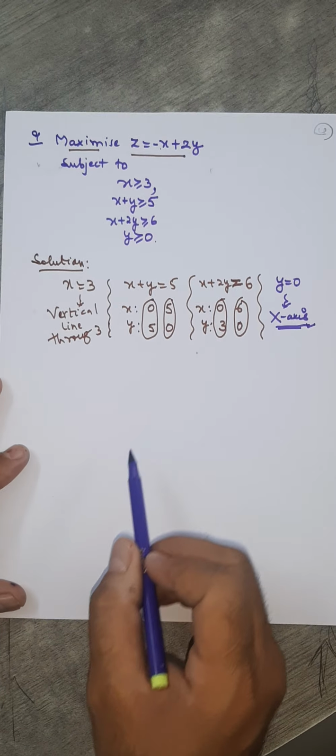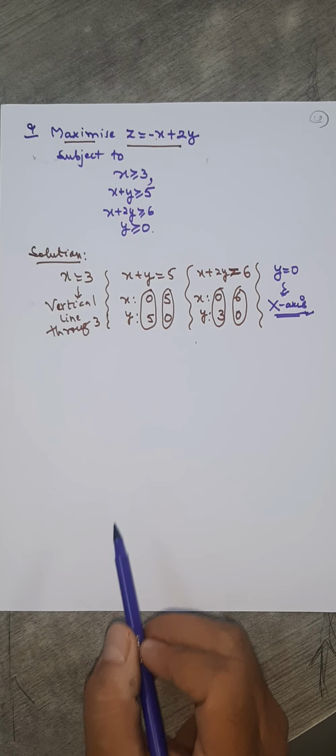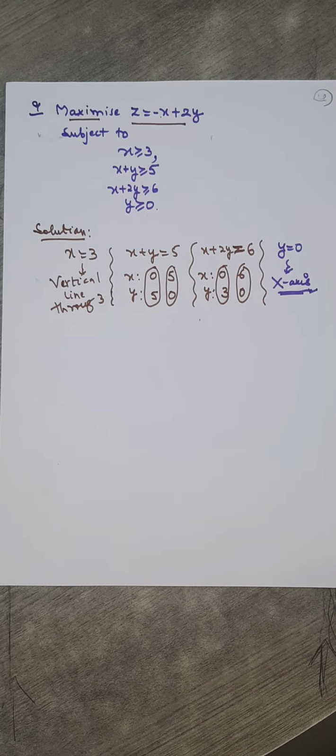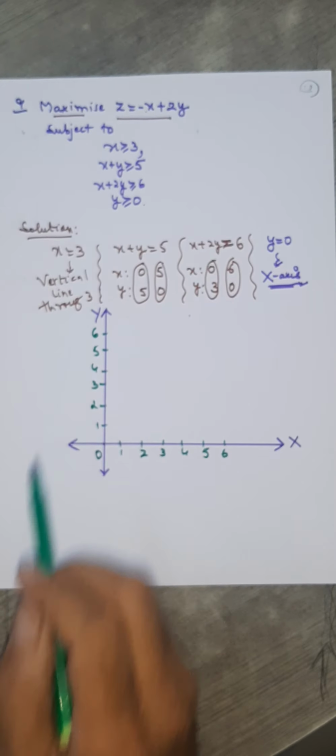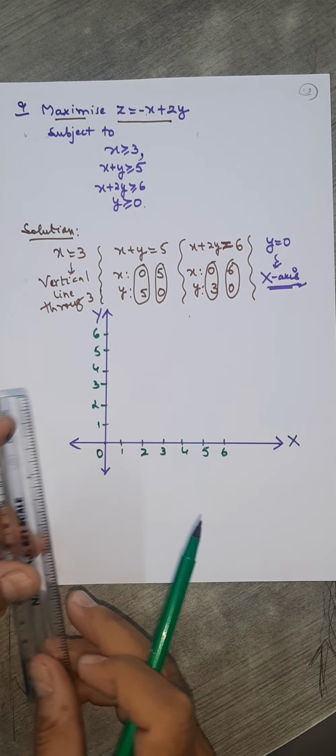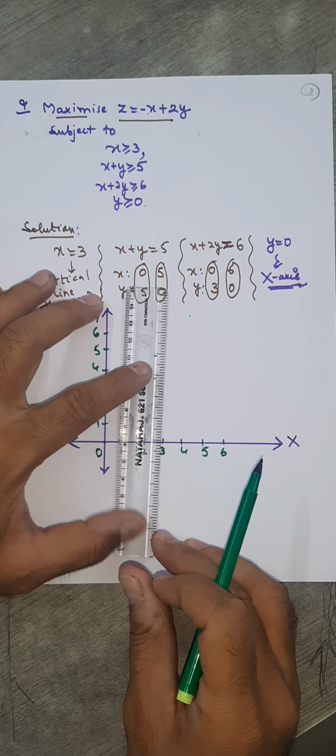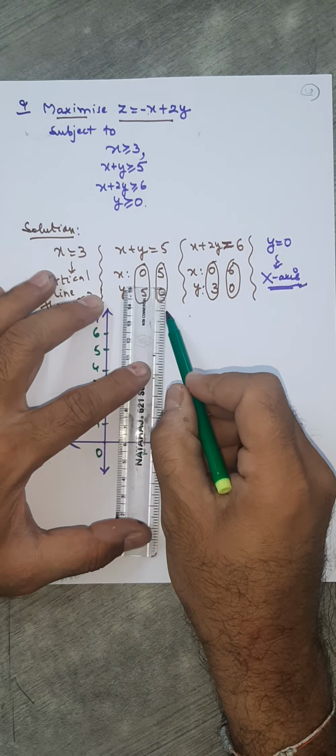Now we represent these 4 inequalities and we try to find the common region. So this is a Cartesian plane here. First, the line through 3 parallel to the y-axis. So it will be this line.